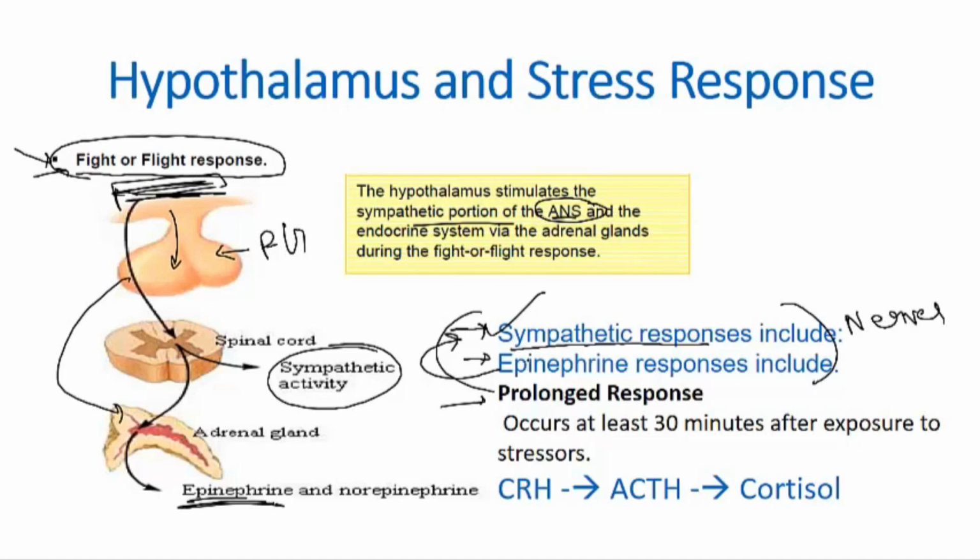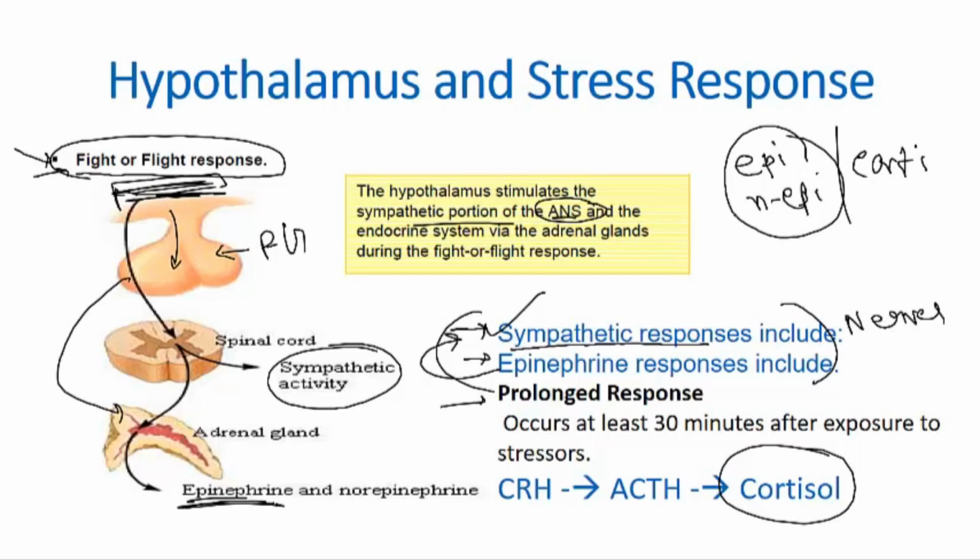While the prolonged response occurs at least 30 minutes after exposure to the stressors. In this case, there is another hormone involved, known as cortisol. As we talked about earlier, there are the hormones epinephrine, norepinephrine and cortisol. We can divide them into two groups: epinephrine and norepinephrine are involved with the fight or flight response, while cortisol is involved with the prolonged response.